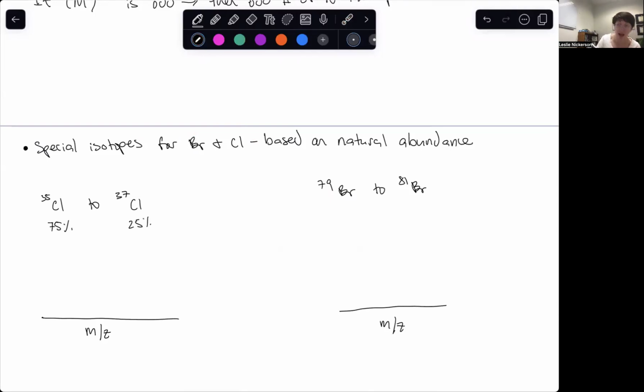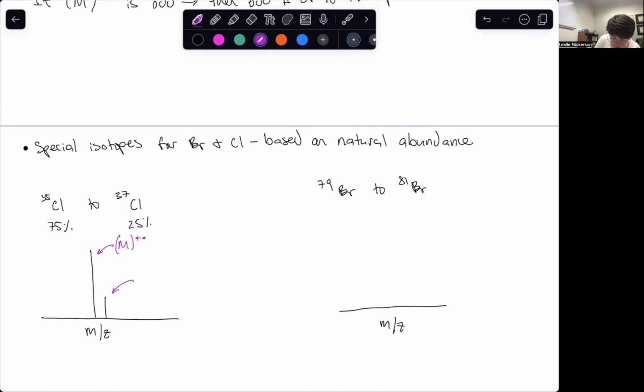So if we look at what our molecular ion peak would look like, you would have one peak that is about 3/4 and another about 1/4. We're looking at something like this, and this one is going to be your molecular ion peak.